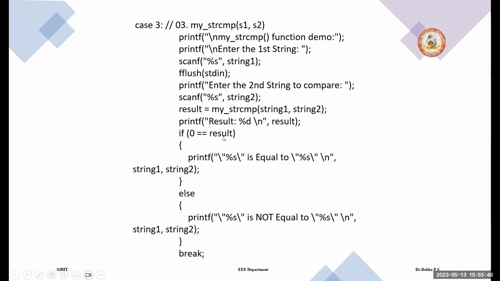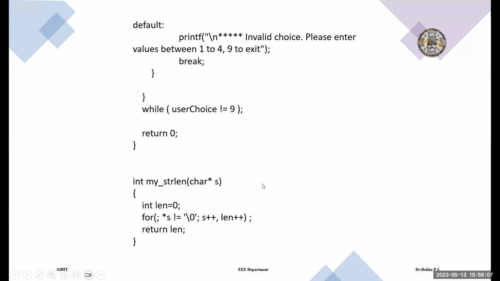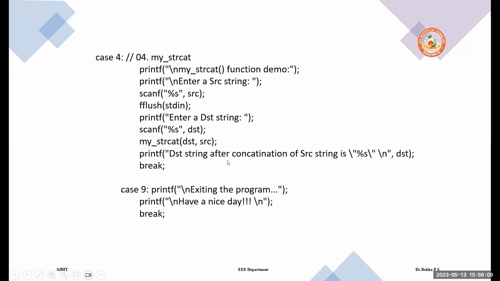If that result is equal to 0, then both the strings are equal. If you want, you can use the printf function to print, "Yes, both the strings are equal." Else, "Both the strings are not equal." So break.